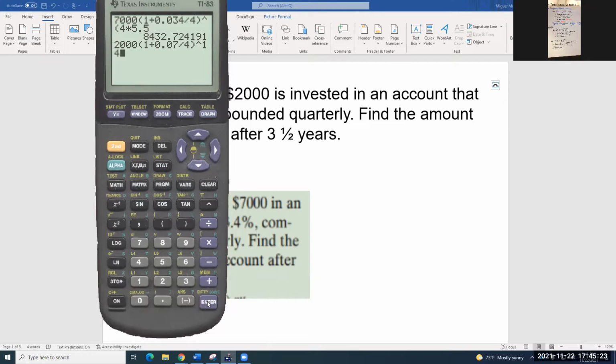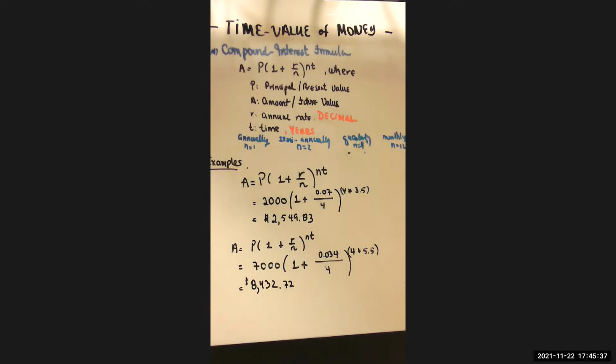Just go ahead and plug in 14, and the answer will be 2983.83. The second example is 8434.72. So there we go. So we have the respective answers here.